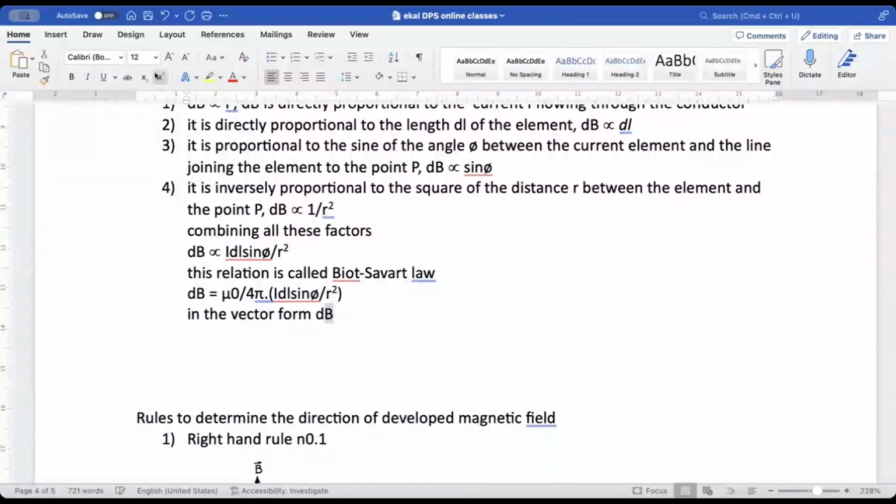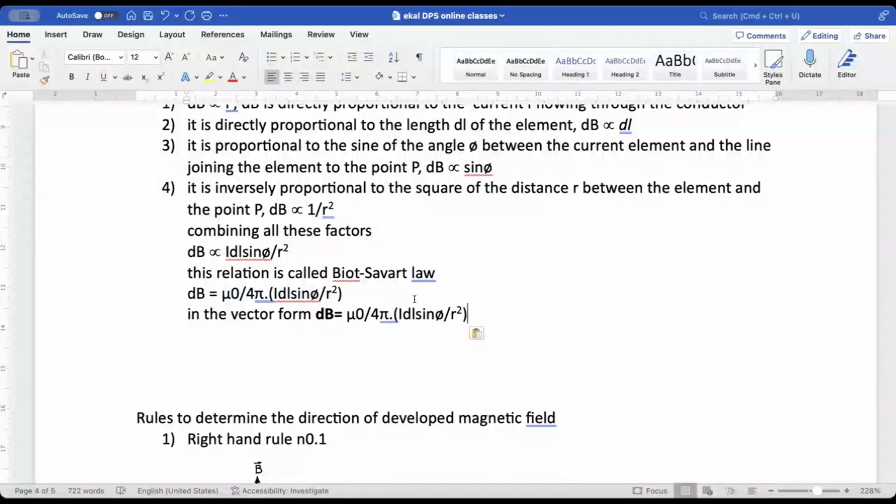I'm writing it in bold, which indicates that it's a vector.